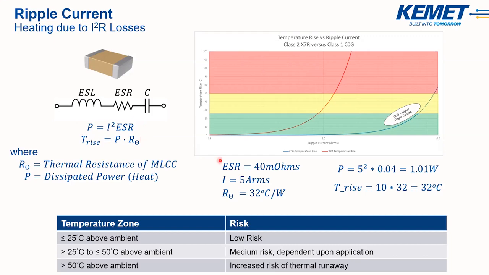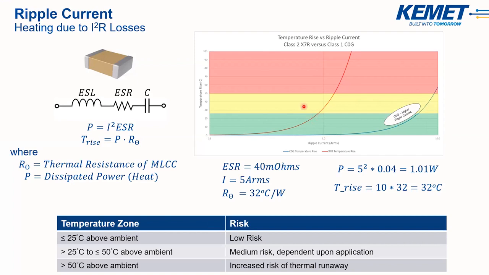So for example, if you have a capacitor with an ESR of 40 milliohms at 5 amps RMS and an R theta of 32 degrees C per watt, you can calculate the dissipated power in the MLCC and the expected temperature rise. And the goal is to make sure that you're in these safe zones, right? This lower risk region is where you really want to be, less than 25 C temperature rise.